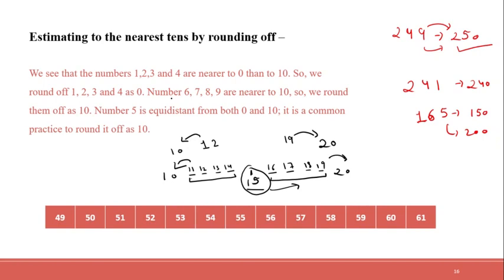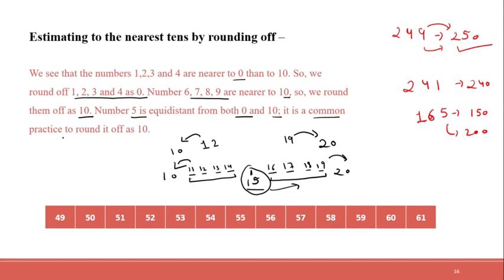So this is what is written here. We see that the numbers 1, 2, 3, 4 are nearer to 0 than to 10. So we round off 1, 2, 3, 4 as 0, and 6, 7, 8, 9 as 10. Number 5 is equidistant from both 0 and 10.